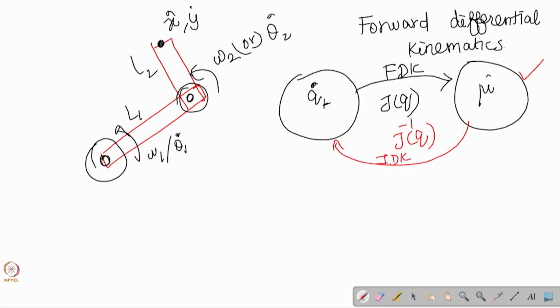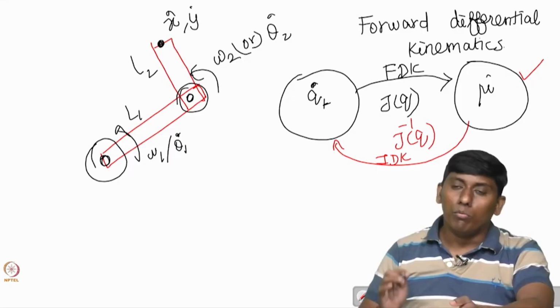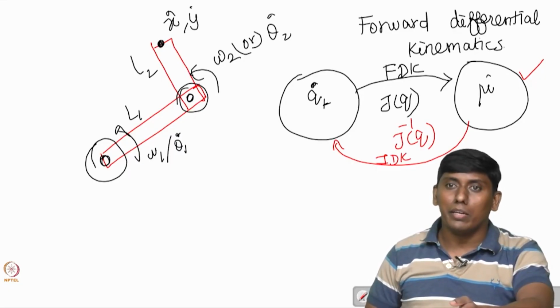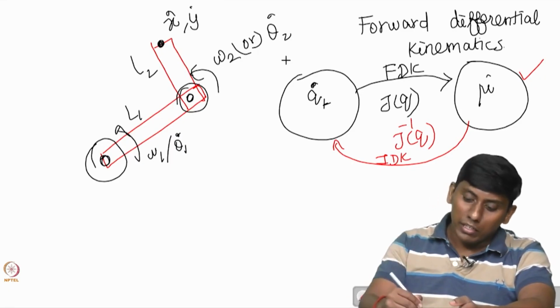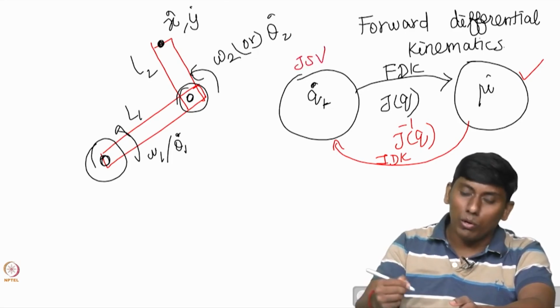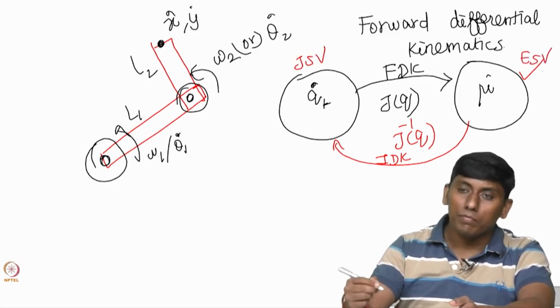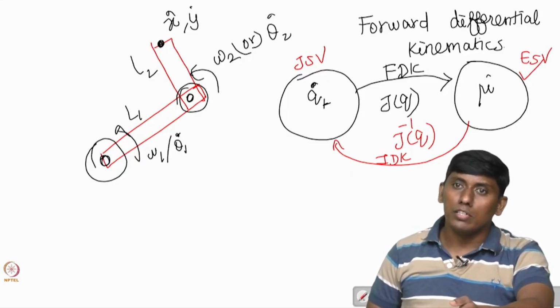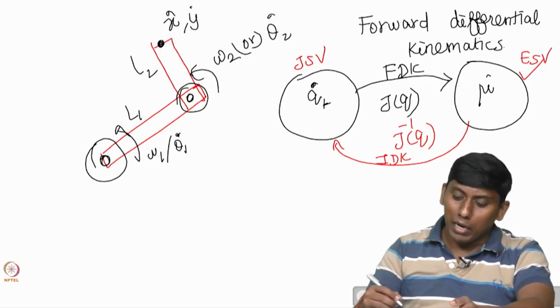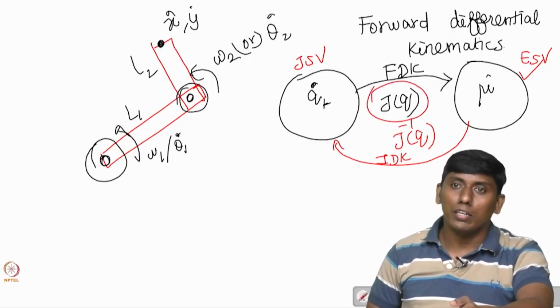So now I hope you got the idea. It is very straightforward, as with what we have seen as forward kinematics and inverse kinematics. Here this is the joint space velocity, and this is the end effector, or task space velocity, right? You are mapping two velocity spaces, and the mapping matrix here is the Jacobian matrix.